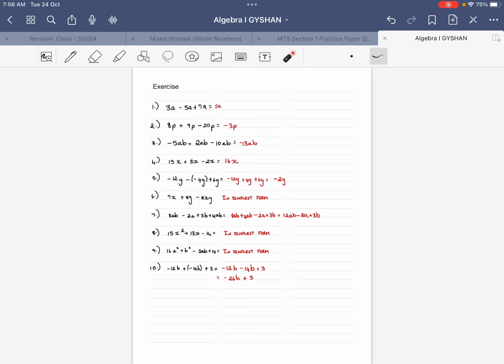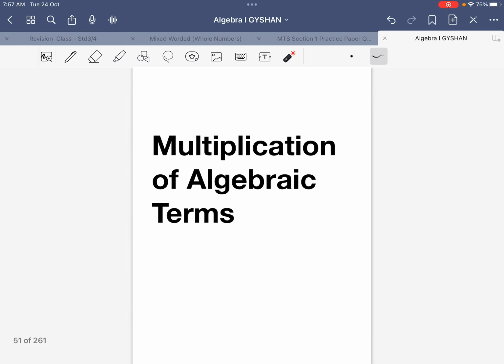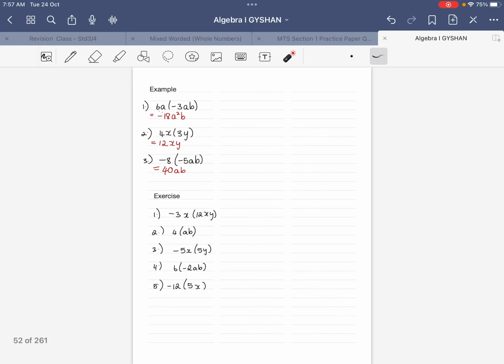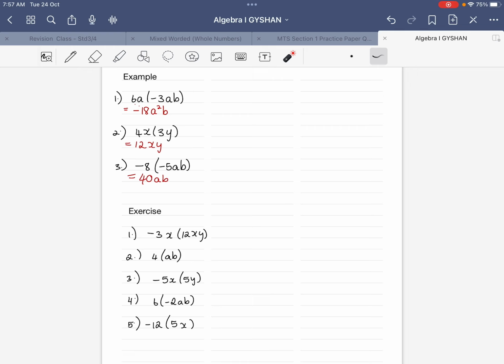So let's move on to multiplication of algebraic terms. So here we have a few examples. We should know our multiplication before we begin this subtopic. Make sure you know how to multiply and divide your directed numbers.